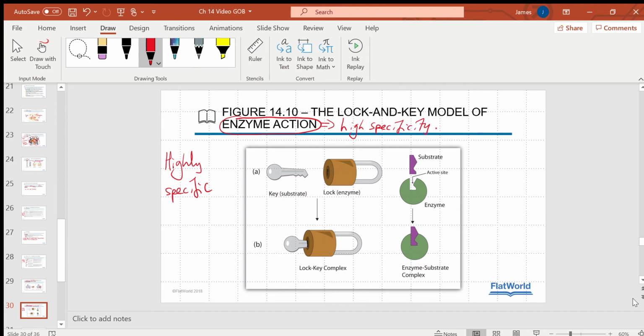Just as the lock can tell the difference between the real key and the wrong key, or the wrong substrate if the key now represents the substrate, an enzyme typically can recognize its substrate rather than another substrate, within reason. The enzymes can be fooled, and that's where we're going to head in a second.